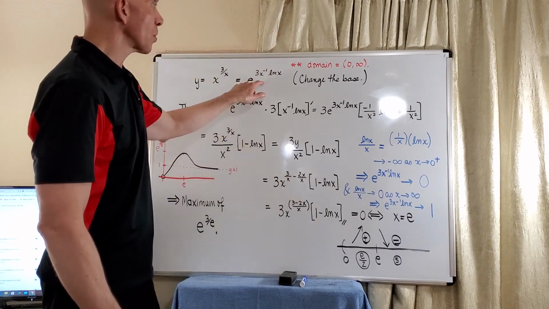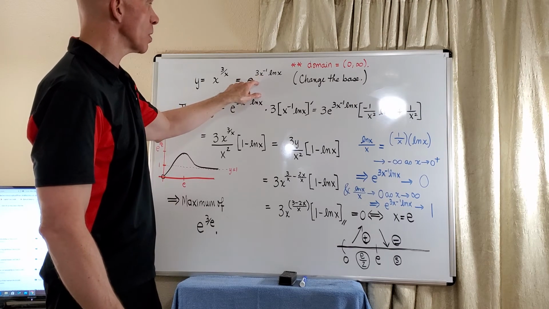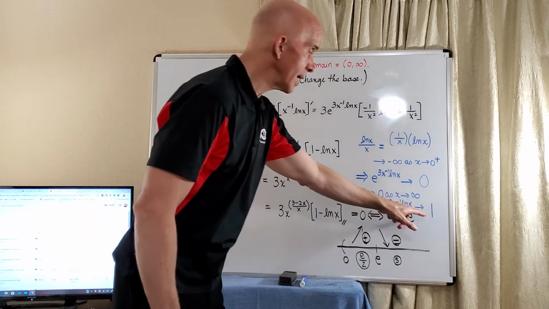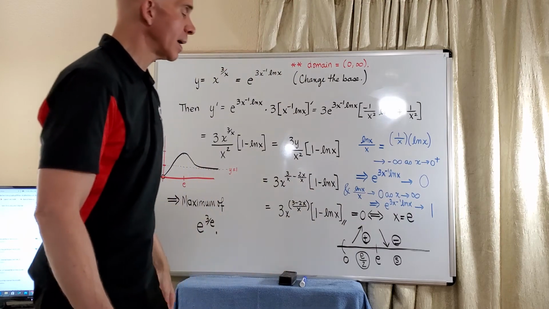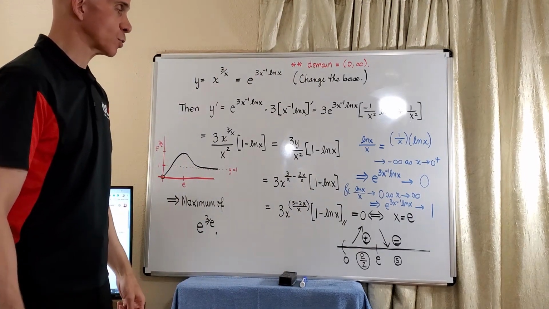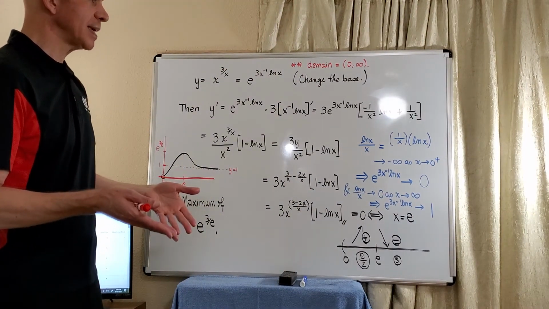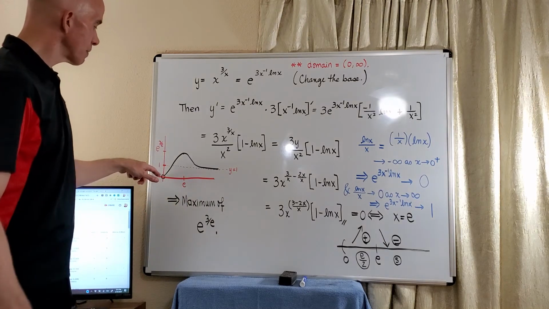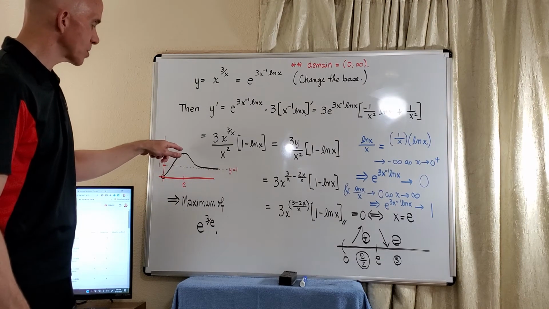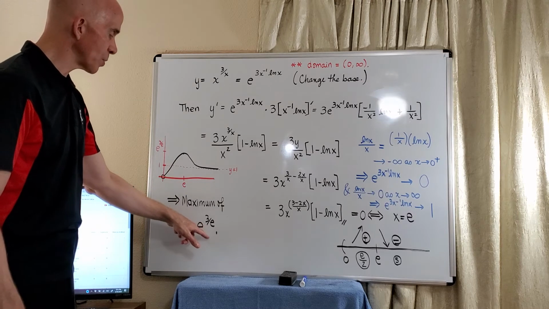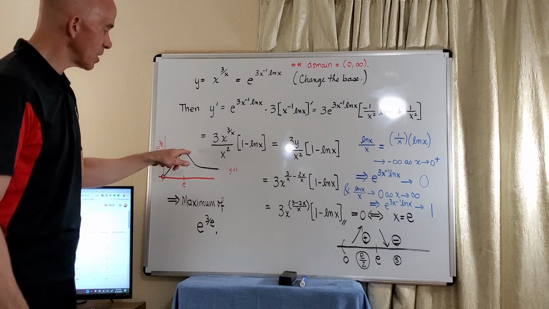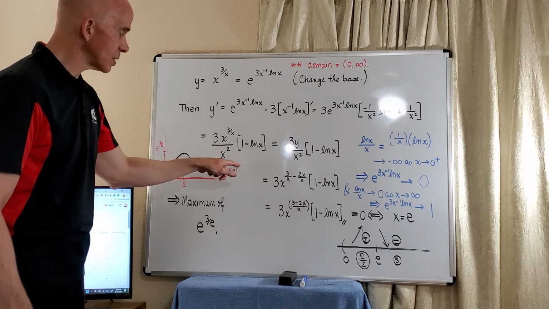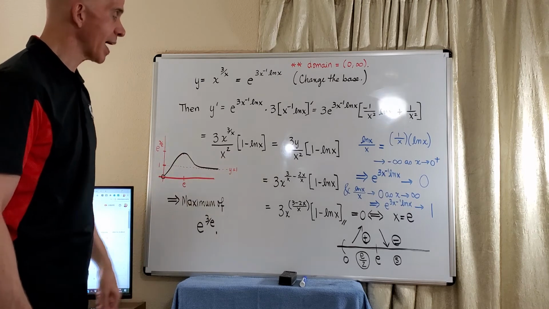Therefore, if its power approaches 0, then this will converge to 1. Again, a very natural characteristic of the exponential function. So what we're seeing here is that we're undefined at 0, we increase to the maximum e to the 3 over e, and then we decrease and we approach the horizontal asymptote y equals 1.